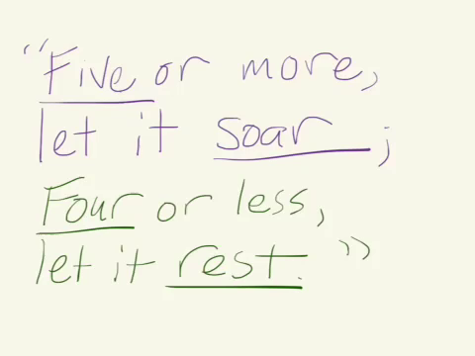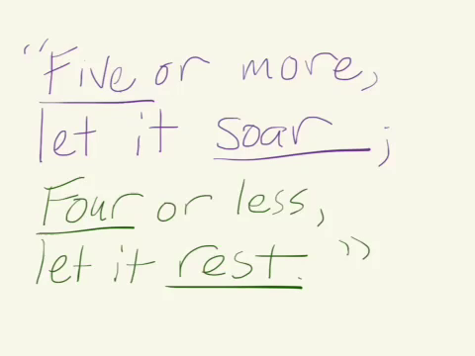Because in our base 10 system, 5 is half. So we need to look at that number line and remember that the 0.5, the fraction is 1/2, which means that anything that is worth 1/2 or greater will let it soar. Half or less, let it rest. Or less than half, let it rest.